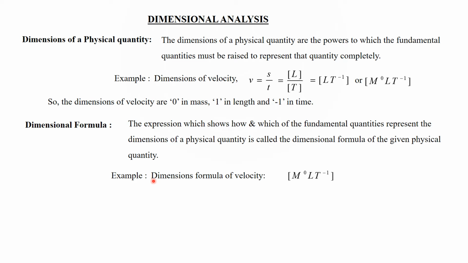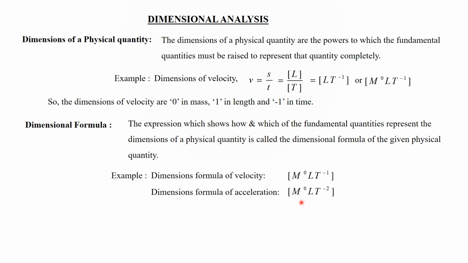The dimensional formula for velocity is M^0 L T^-1. So what information am I getting from the dimensional formula? I am getting the information about which of the fundamental quantities are used: length and time. And by how much? Length by 1 time and time by minus 1 times.